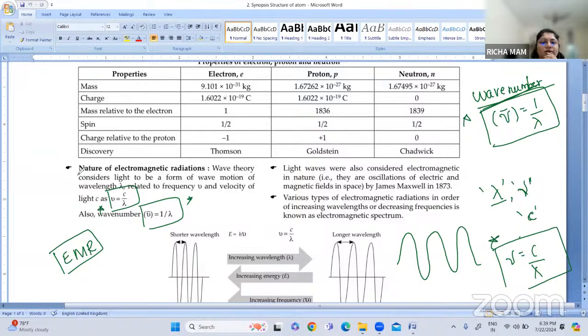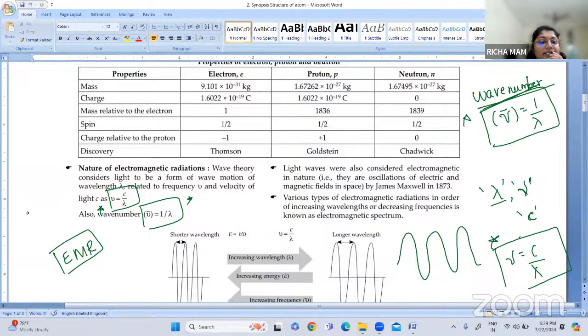So the light waves, as we know, light travels in the form of a wave. It is considered electromagnetic in nature. Electromagnetic in nature means what? It consists of an electric and a magnetic field.